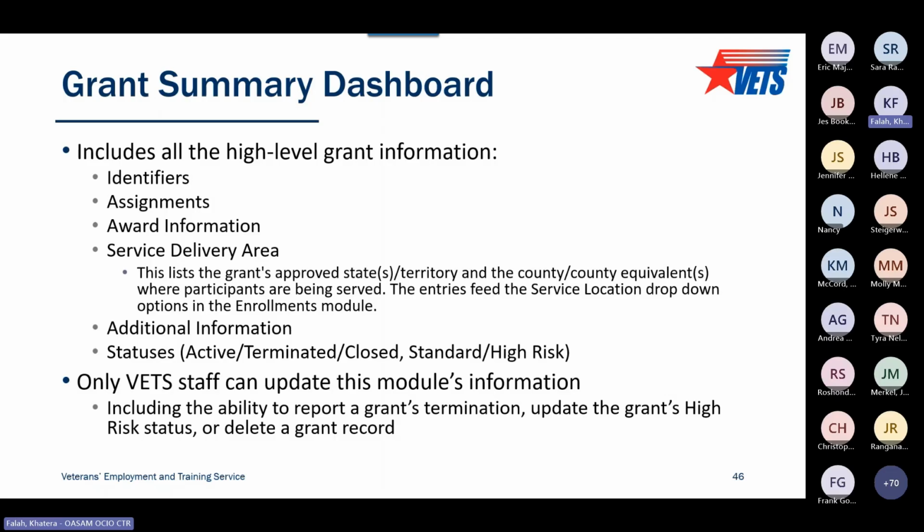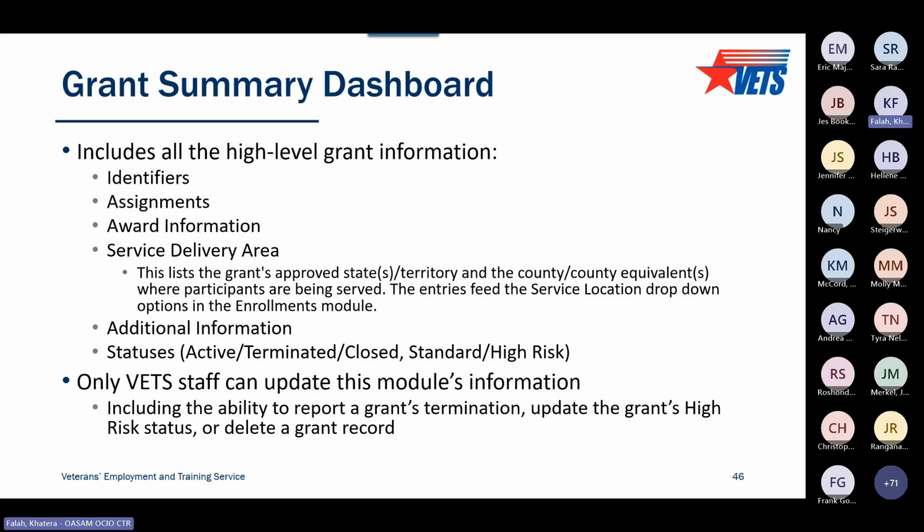The entries feed the service location drop-down options in the enrollments module. We'll see that more when we get to the enrollments module and begin our enrollment. But for now, that is just a thing to know.